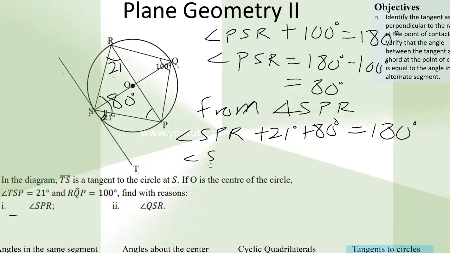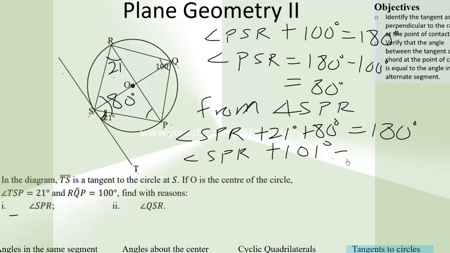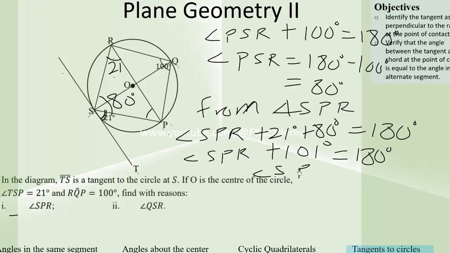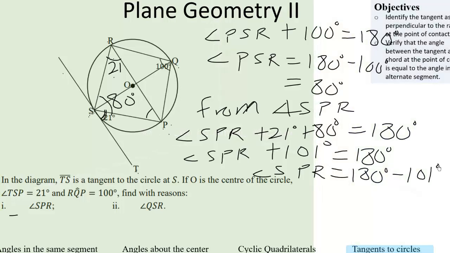So angle SPR, when we add it to 101 degrees, will give us 180 degrees. So angle SPR is equal to 180 degrees minus 101 degrees, and that will be equal to 79 degrees.